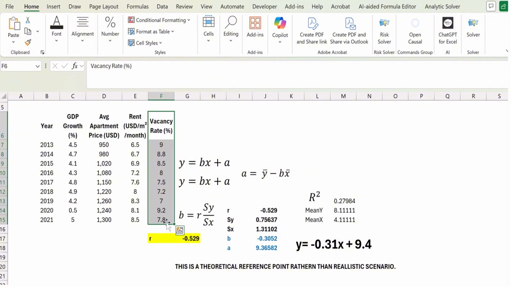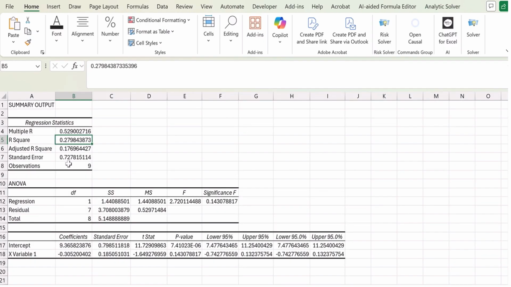R squared shows that most of the variation, 72%, remains unexplained, reminding us that the real world is influenced by many, many other factors.